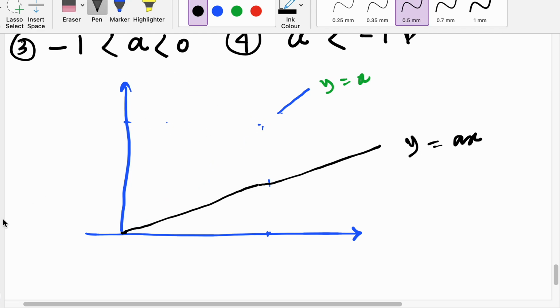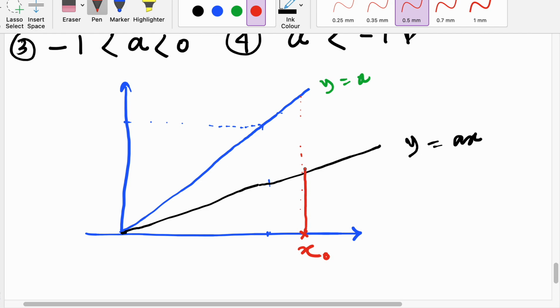Now let us draw a cobweb diagram to see the fate of the system. Suppose our system starts from here. This is my initial condition x0. First I draw a vertical line up to here. Where it hits, that is y equal to ax0, that is x1.